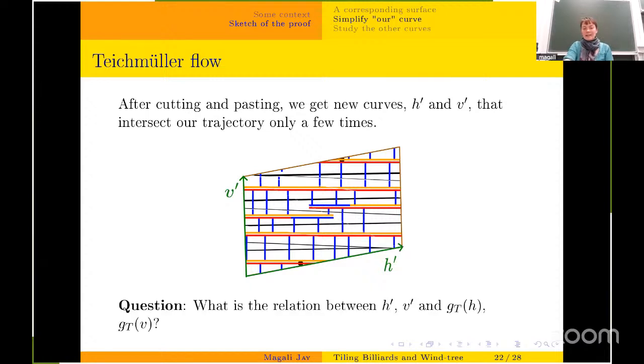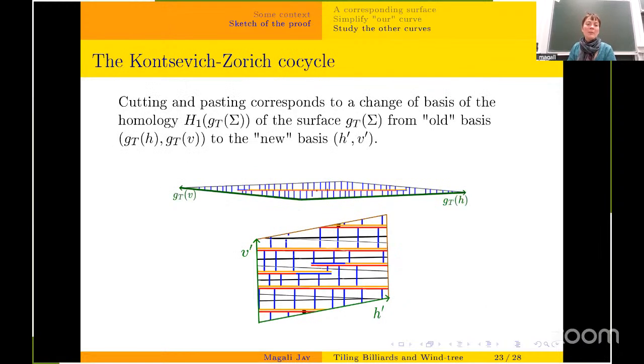Okay, and this relation is given by a discrete version of the Kontsevich-Zorich cocycle, which is basically a change of basis matrix, which expresses H and V in the new basis H prime and V prime.